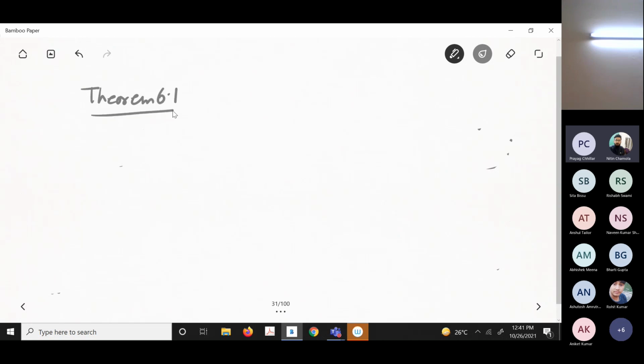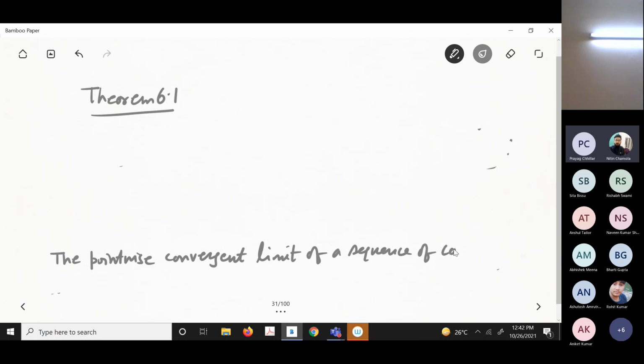Look, we have already given an example that the pointwise convergent limit of a sequence of continuous functions need not be continuous.